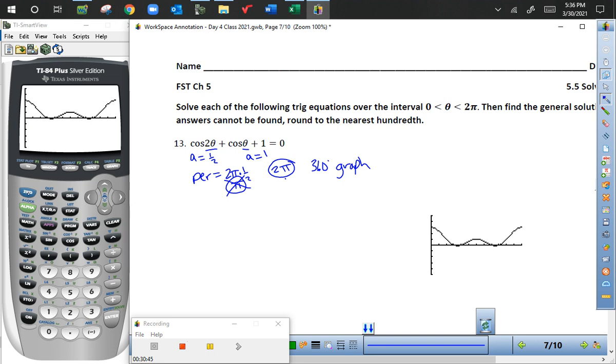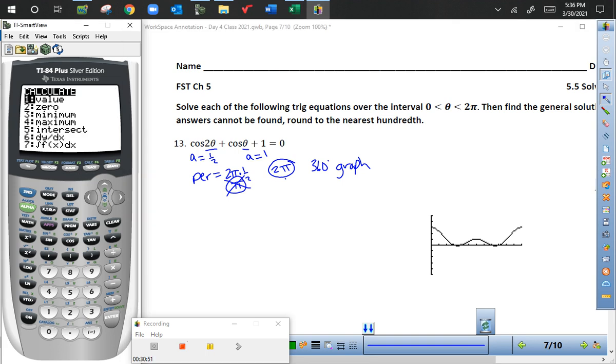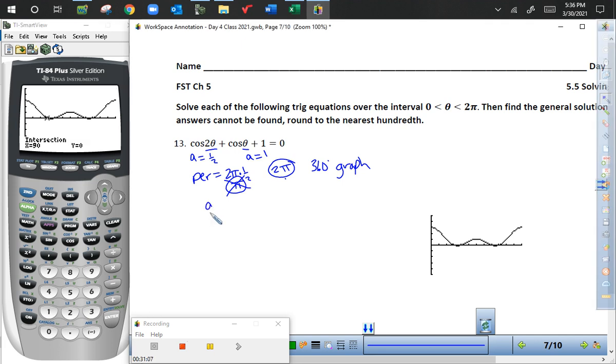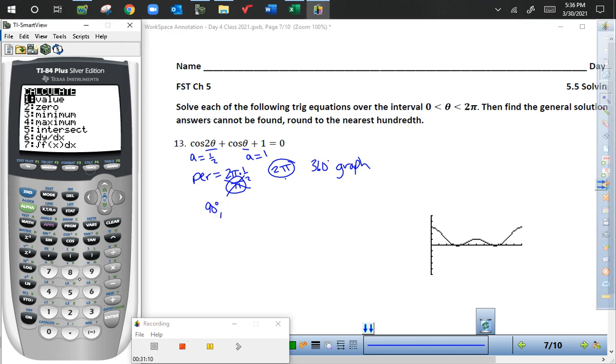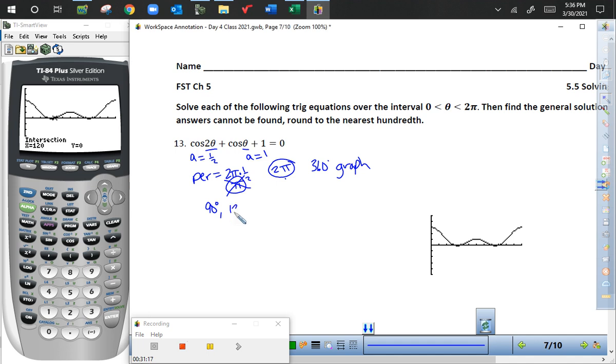We're just tracing intersections. Second, trace, intersect. I'm going to start way at the left and work through these. First one is a nice 90. Just jot them down and then go and convert them. Second one is 120.